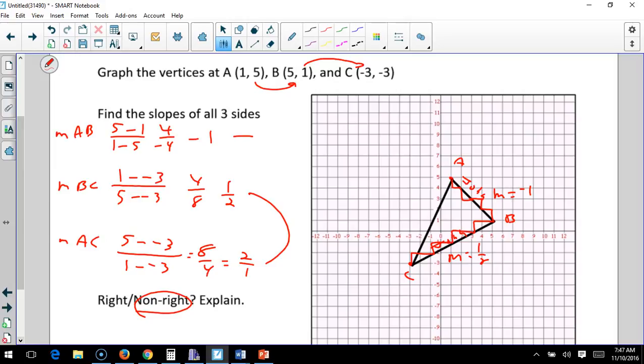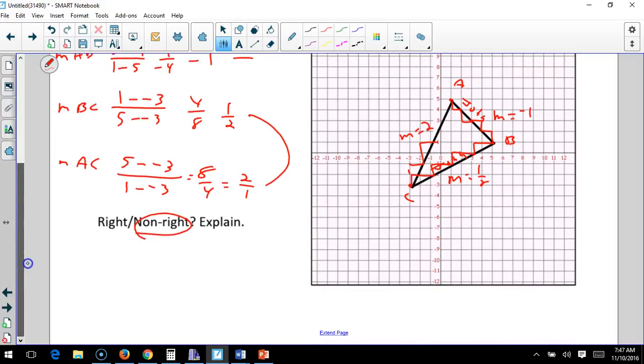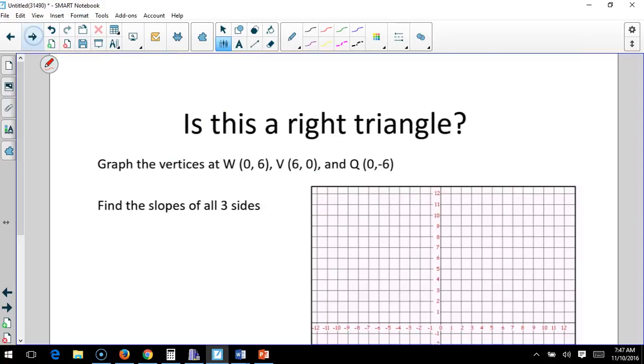And again, we could go up 2, right 1, up 2, right 1, and prove that this is a +2 slope. So the reason is no opposite reciprocal slopes. We have reciprocal, and we have opposite, but we don't have both opposite and reciprocal.